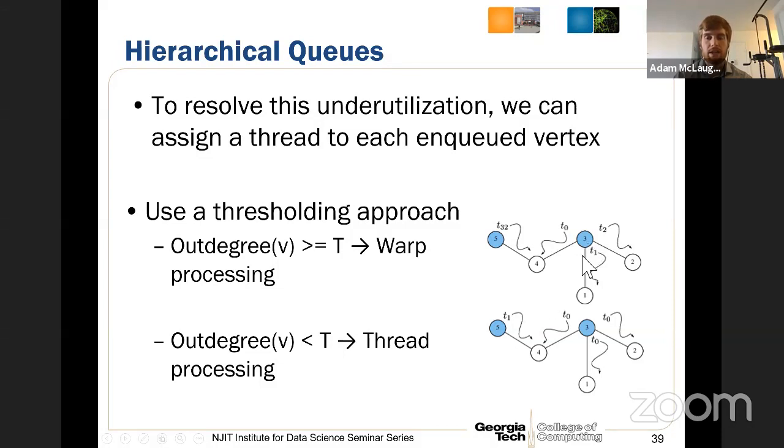In this case, vertex 3 is the vertex that has lots of edges, so we can assign a whole warp. And vertex 5 only has one edge, so we'll just assign a thread. So this is warp 0, these are 3 threads from warp 0, and this is 1 thread from warp 1. That makes the load balancing much more efficient.